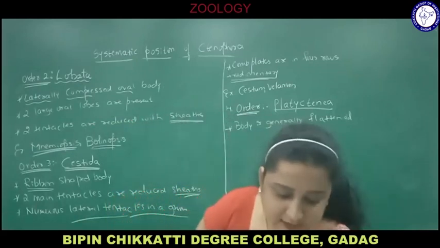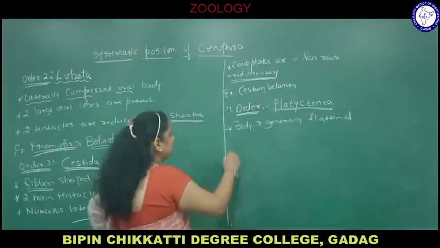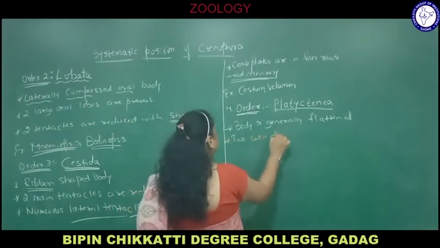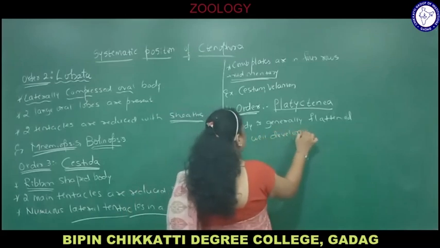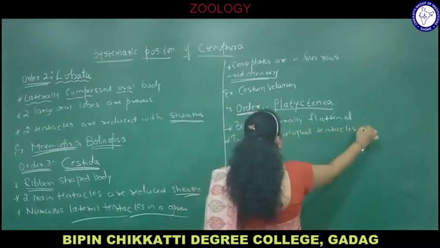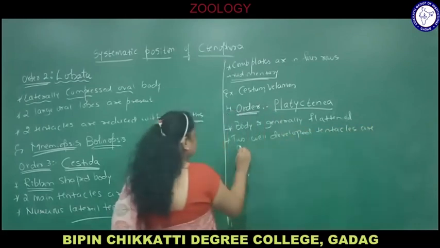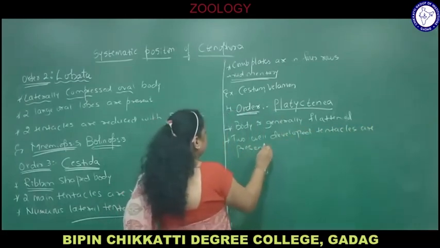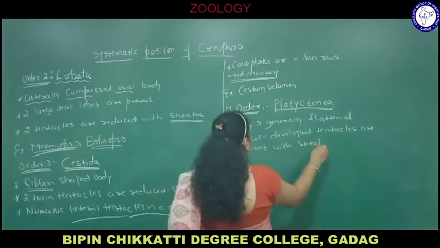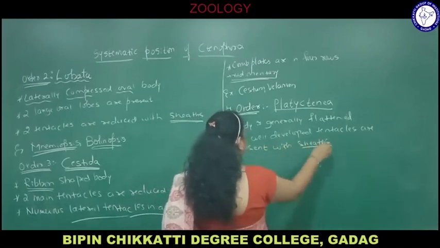2 well developed tentacles with sheaths are present. Sheath means, I told you, the outermost layer or the covering is called the sheath.